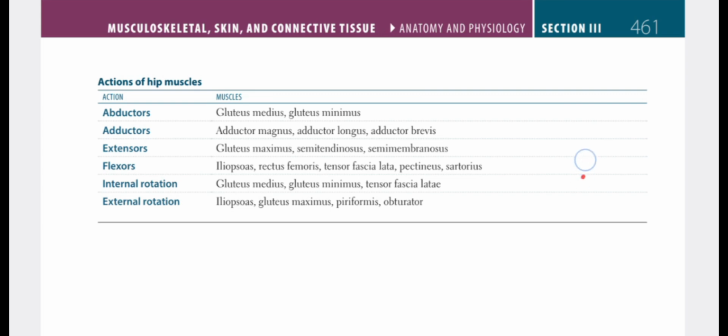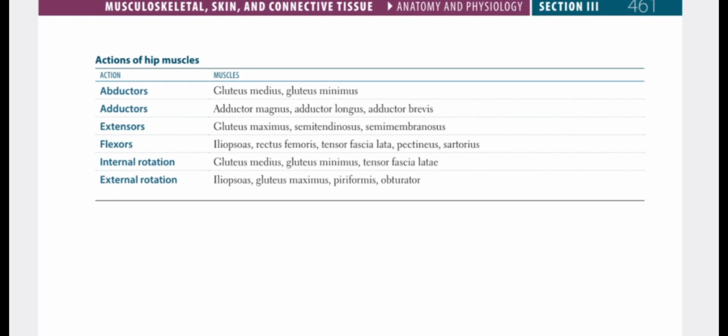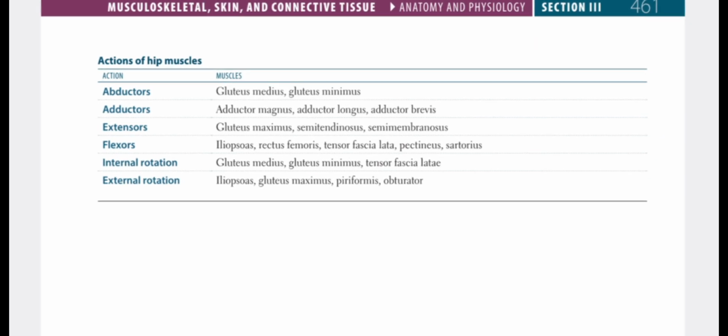Flexors result in movement at the knee joint and the hip joint, and these muscles include iliopsoas, rectus femoris, tensor fasciae latae, pectineus, and sartorius. Internal rotators result in internal rotation of the limb, and include gluteus medius, gluteus minimus, and tensor fasciae latae, and external rotators result in external rotation of the limb, including iliopsoas, gluteus maximus, piriformis, and obturator.